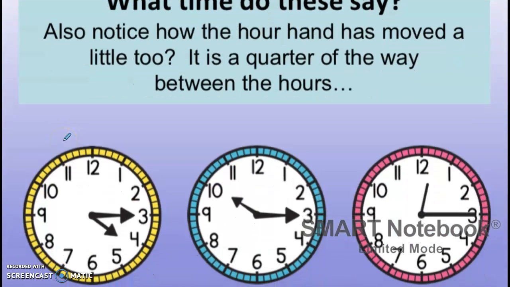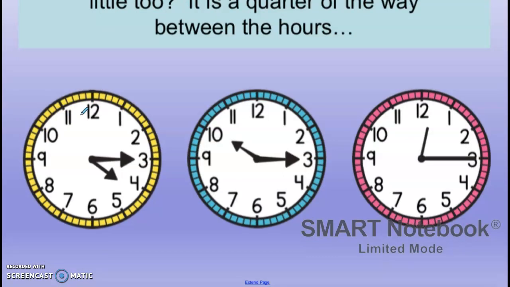So let's look at these. It says, notice how the hour hand has moved a little too. So it's a quarter of the way between the hours. So let's go ahead and look at the yellow one. Okay, I'm going to divide this into quarters or into fourths, partition it. Okay, we need to only look here and here.